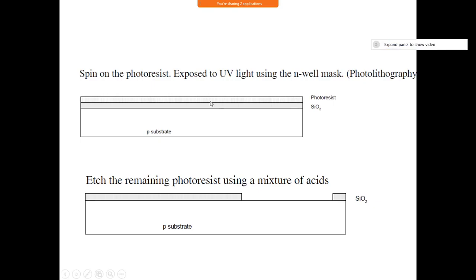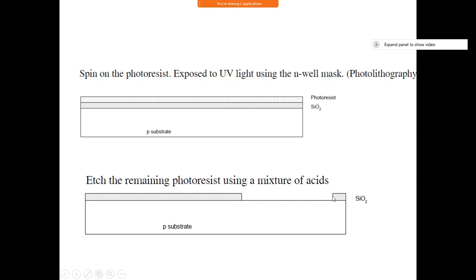And you dip that portion, where only a small portion of photoresist is removed, in one more solution. So that's what you can see: etch the remaining. This exposed region, you dip it in that solution, it will take out SiO2.